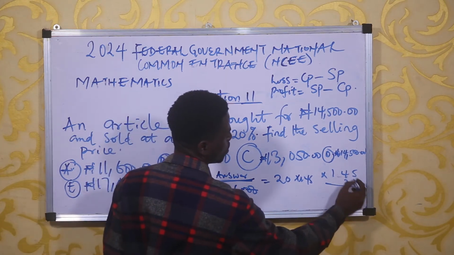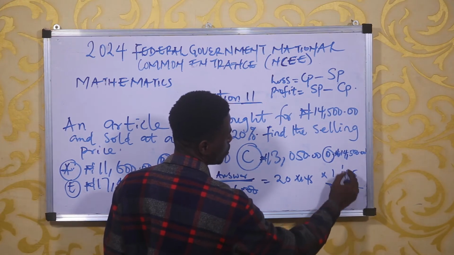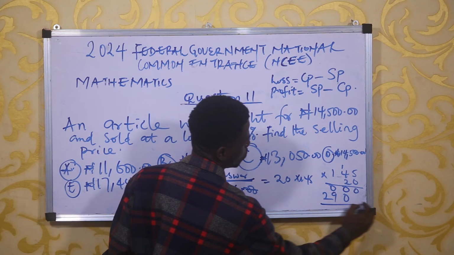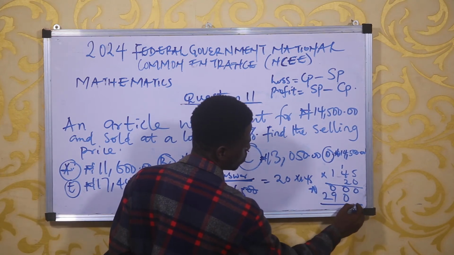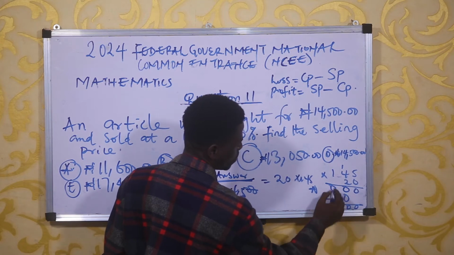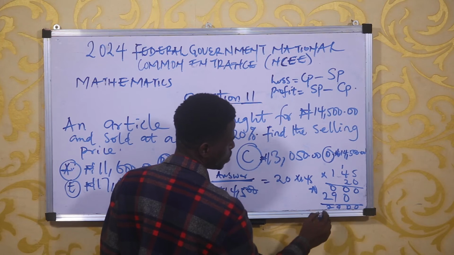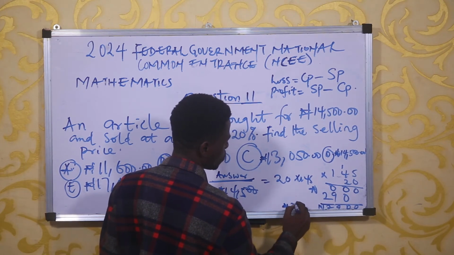Take note of that. 0 times 5 is 0. 0 times 4 is 0, 0 times 1 is 0. 2 times 5, 10. Carry 1. 2 times 4, 8, plus 1, 9. 2 times 1, 2. So in this place, we have 2,900 naira.